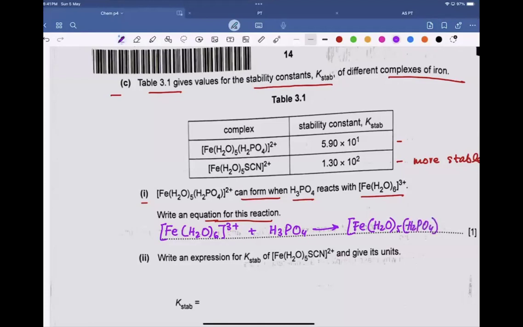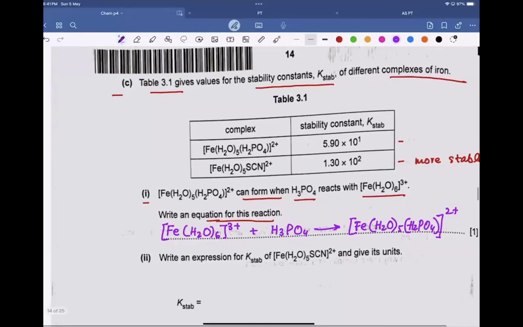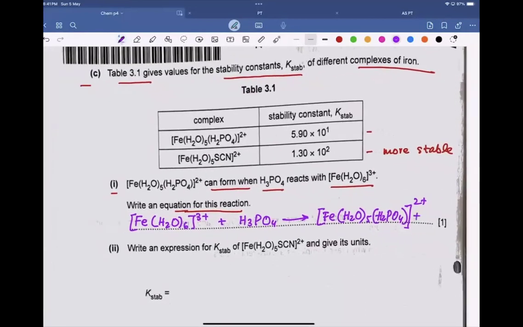So see, it's H3PO4, now it becomes H2PO4, right? So one hydrogen ion is released and one water is released. So the hydrogen ion and water join with each other forming H3O+. See, from here one water is released and from here one hydrogen is released. So they will form H3O+. And if you see, the equation is balanced. Is this clear to all of you?